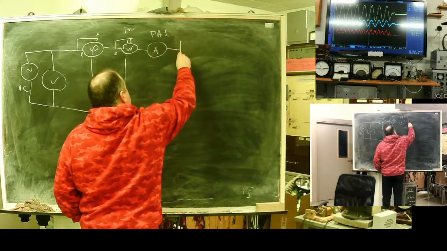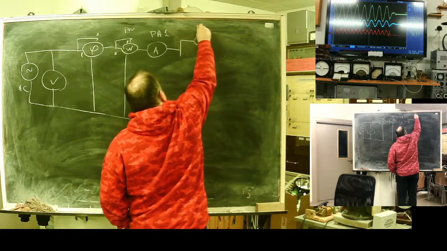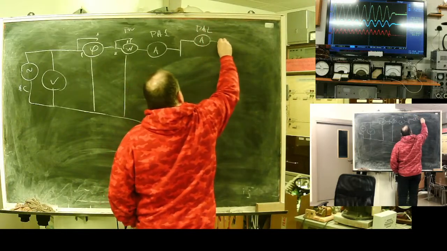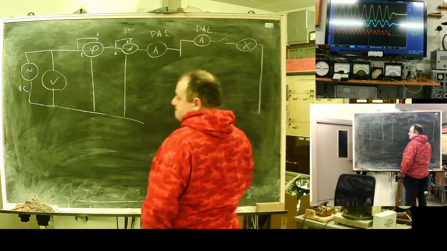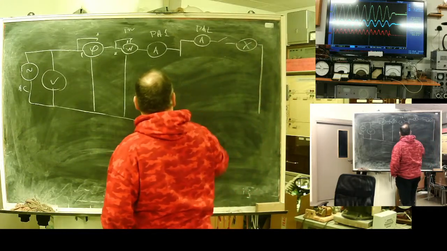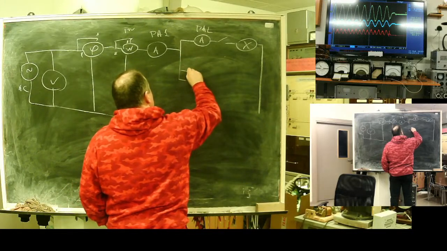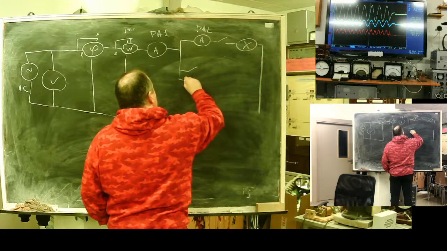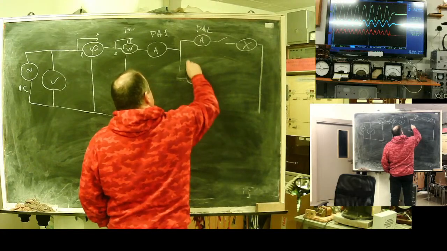Here I will have a split. Second ammeter, switch and simple bulb. It's one, and from the split I have another ammeter.